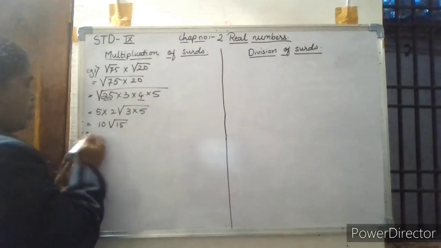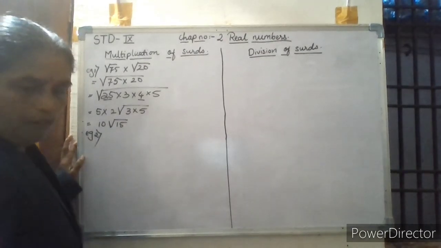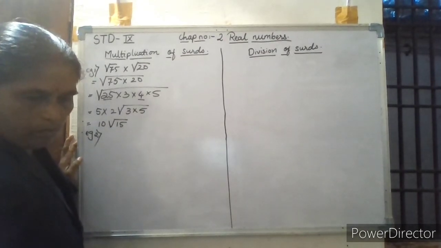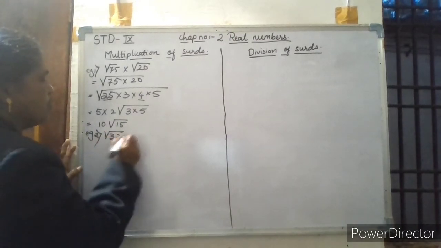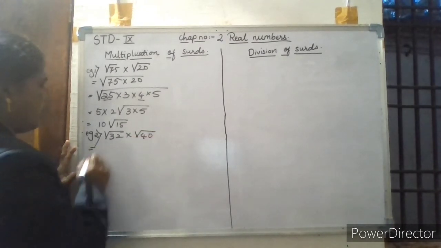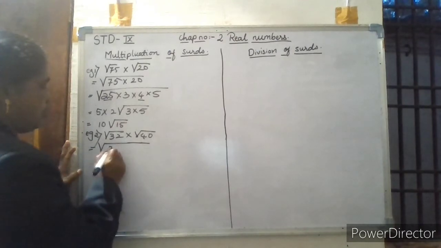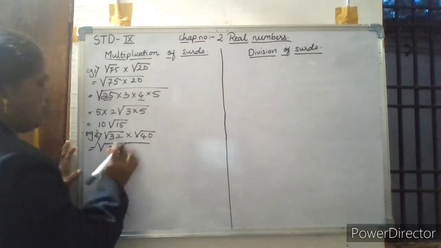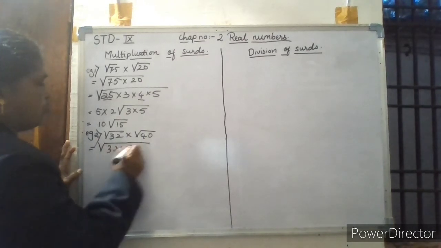Now, example 2. We'll take root of 32 multiplied by root of 40. Suppose this is equal to root of 32 into root of 40.